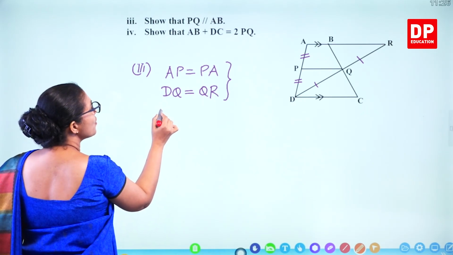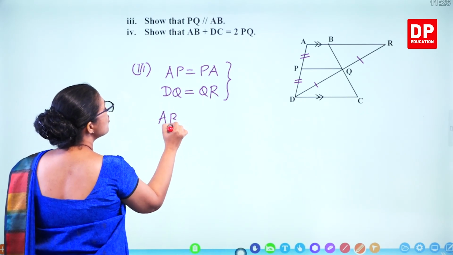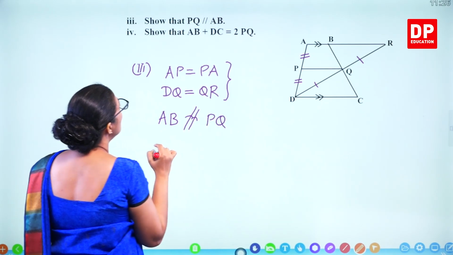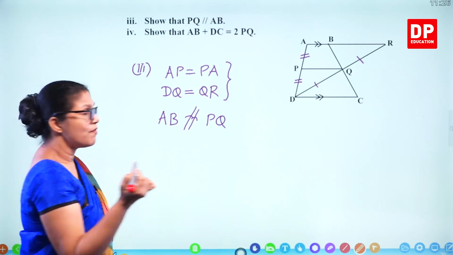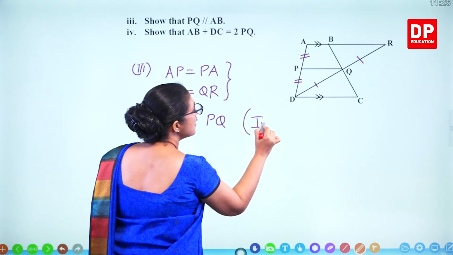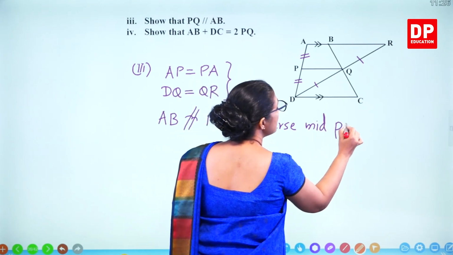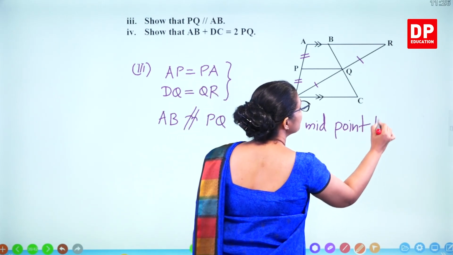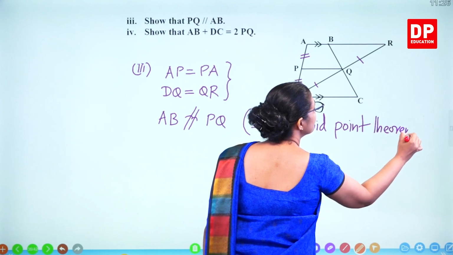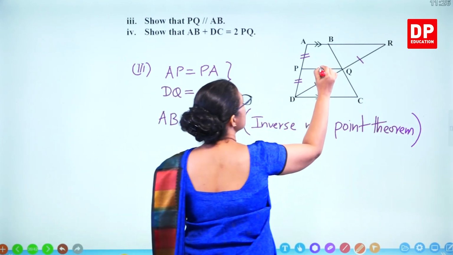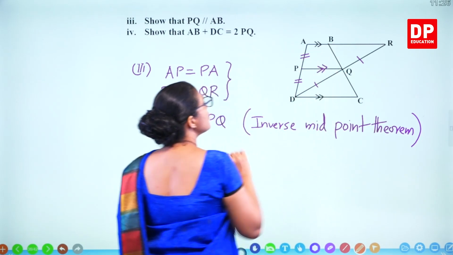So therefore, you can say AB is parallel to PQ because of inverse midpoint theorem. So this length is also parallel to this one.